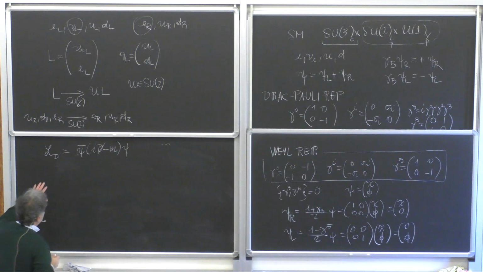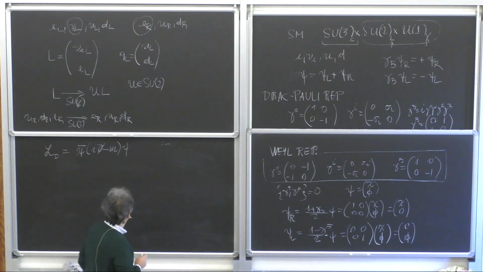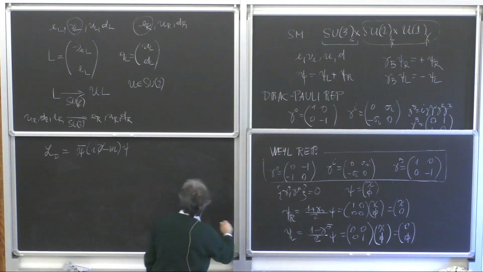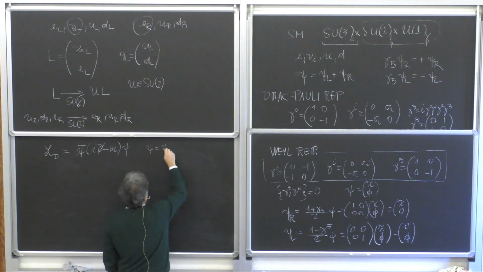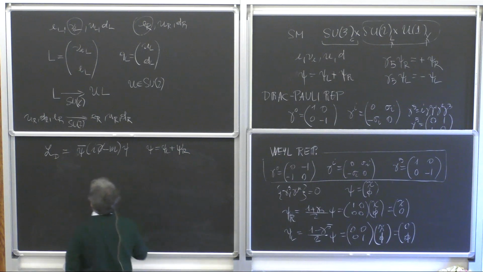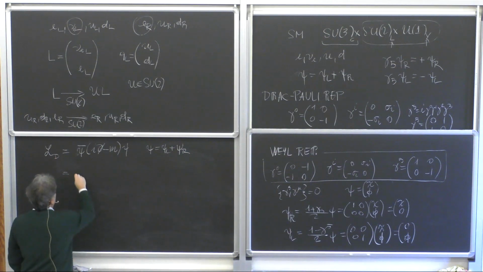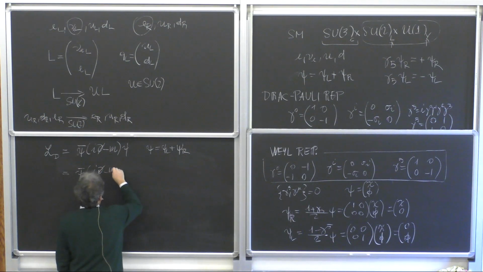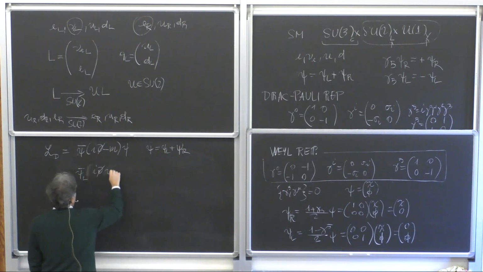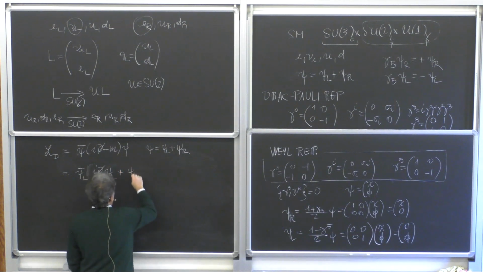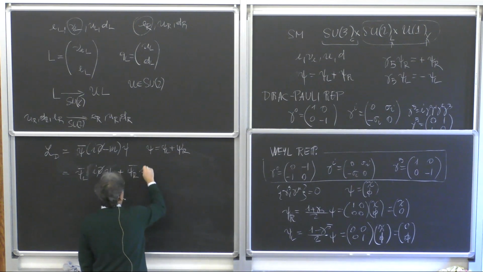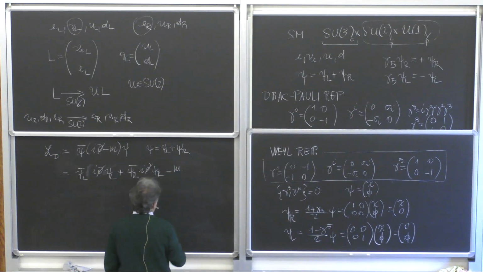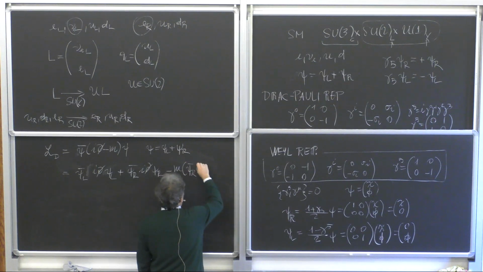This is just for one particle, for instance, for the electron. Here we can use the decomposition of the spinor psi into two parts, and this Lagrangian takes the form psi L i d slash psi L plus psi R i d slash psi R minus m. I write directly the result.